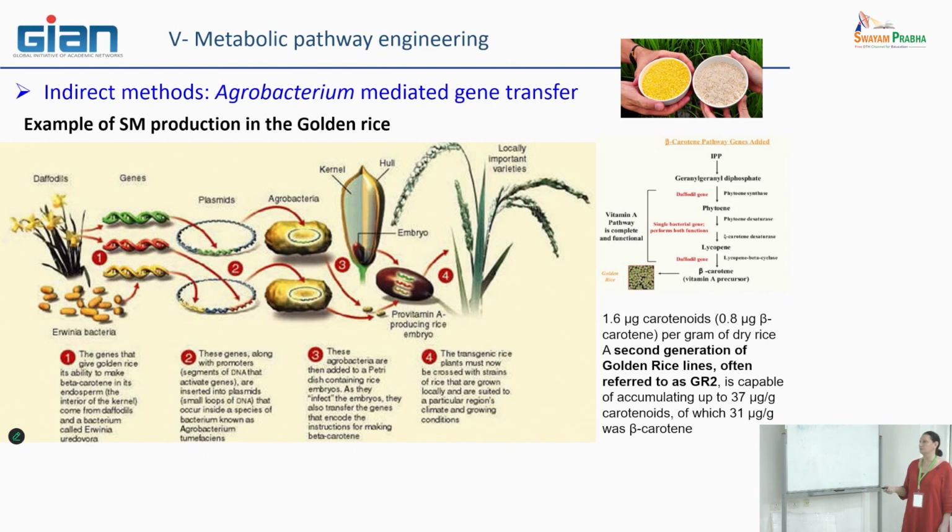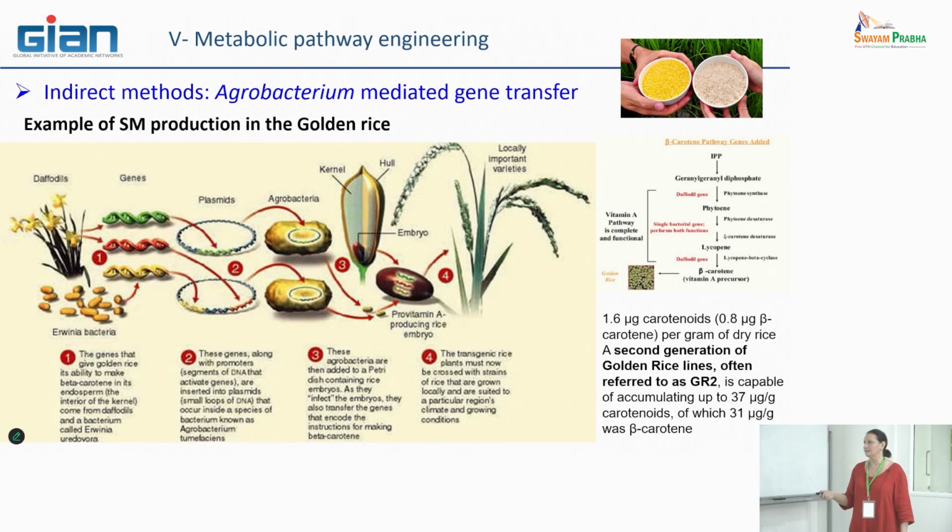It was not sufficient. So after, they tried several combinations with this type of methodology and with classic inbreeding, in order to increase production. This is what they have done here to produce a second generation of golden rice that considerably increased the amount of production, but it is still not sufficient.